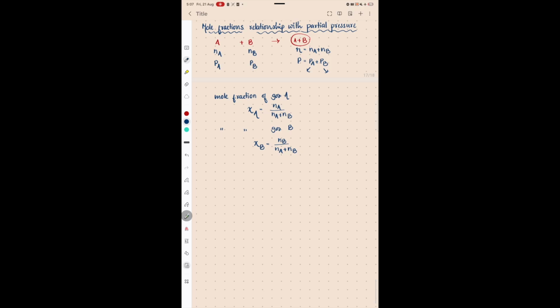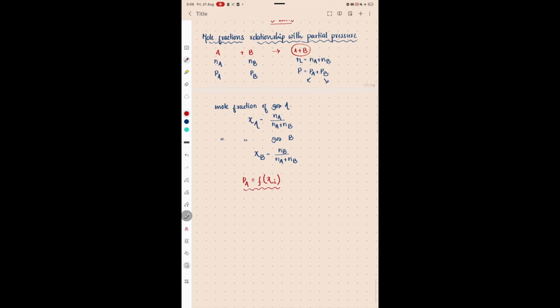This is the mole fraction. Now I want to derive the relation, that is how the partial pressure of A is a function of mole fraction. So how will we do that? P is equal to PA plus PB, right? Now PA is equal to how much?